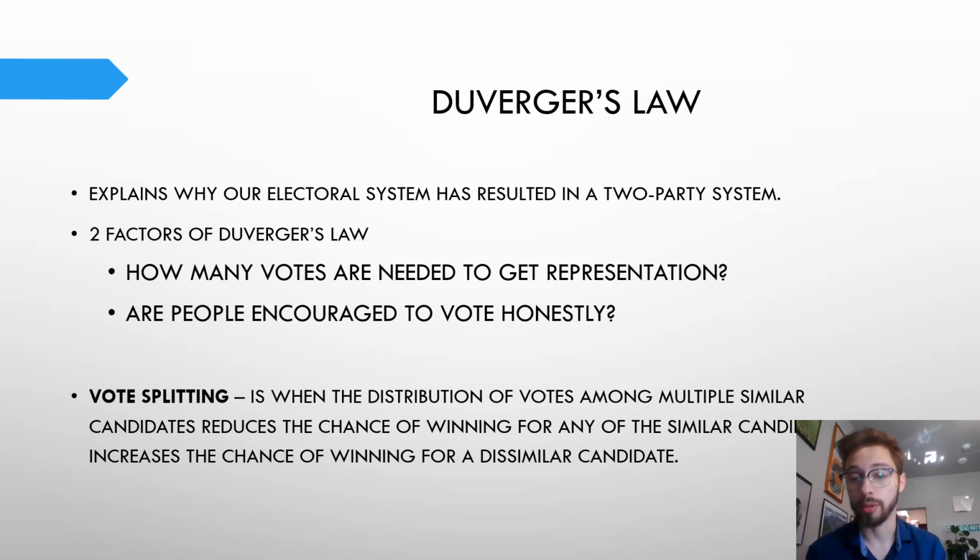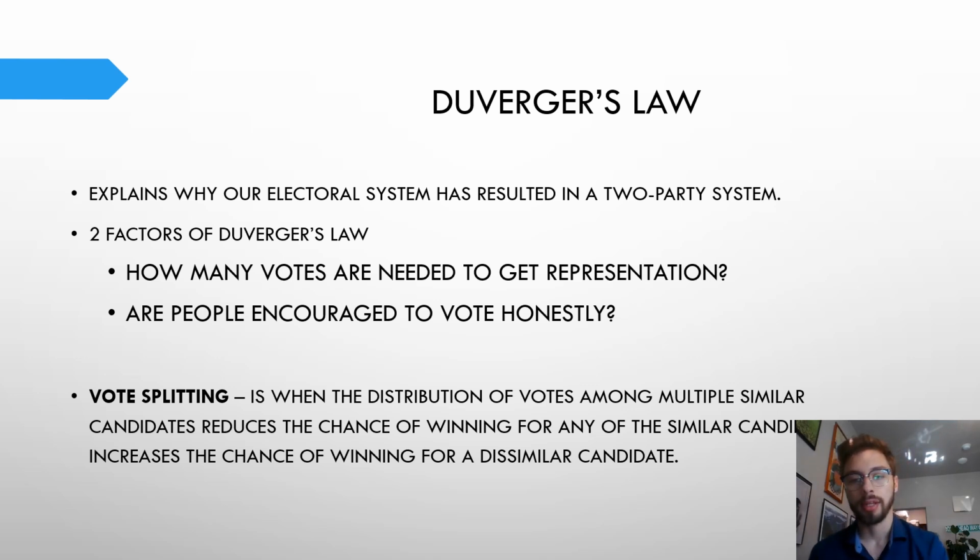Well, if you have a system in which 3 individuals are running for office and 2 of them are similar and one is quite dissimilar, you would likely vote for the similar candidate that has the highest odds over the similar candidate who you might favor a little bit more, because you would want to make sure that you have a chance for your candidate to win the election. This would mean you are not voting as honestly as you can.